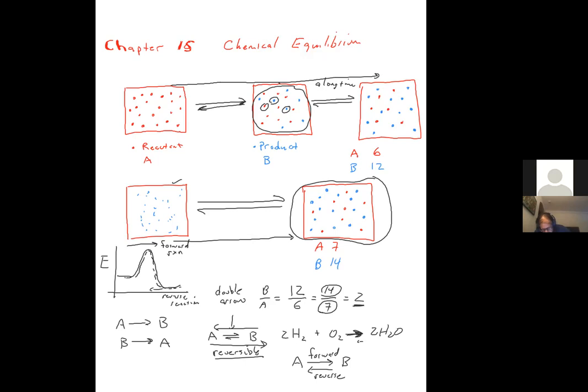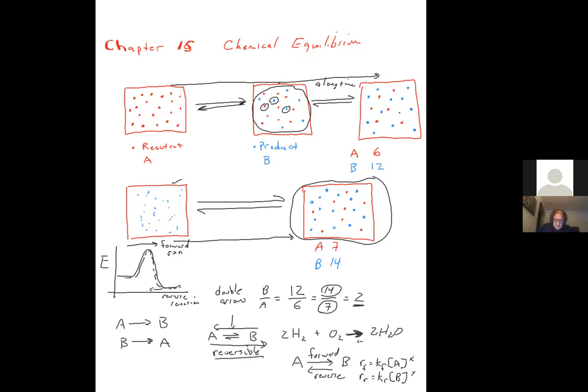So the rate for the forward reaction would be K forward times the concentration of A to the X. The rate reverse would be K reverse times the concentration of B to the X. Well, I guess we would put a Y here. Okay, so we can write rate law expressions for it as well. In fact, we did that a little bit in one of the examples at the end of chapter 14.